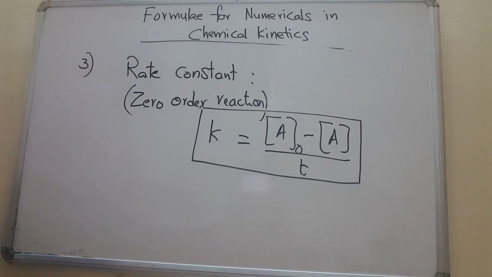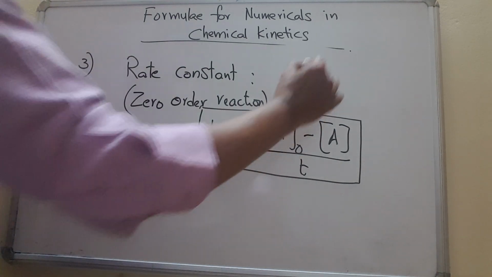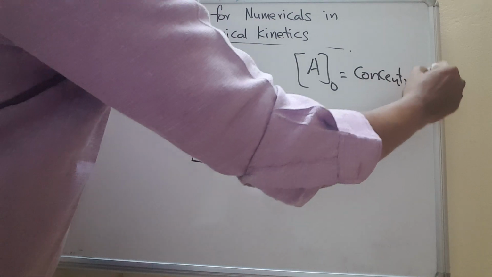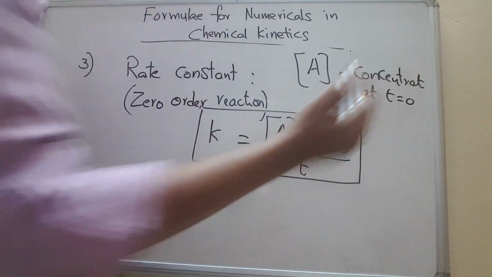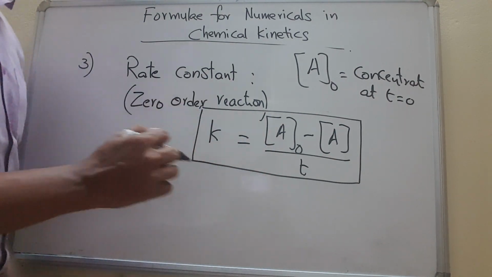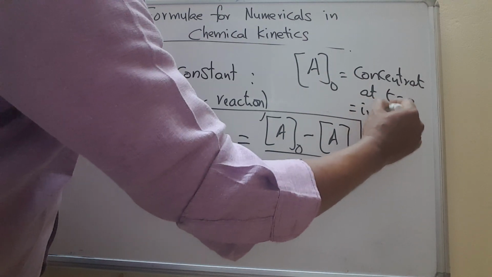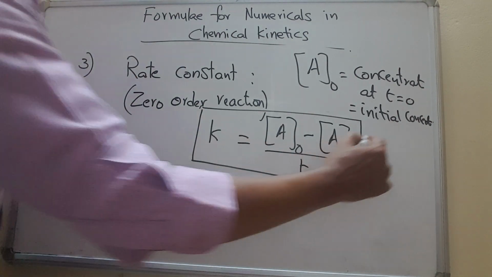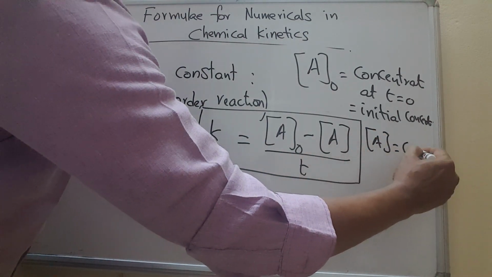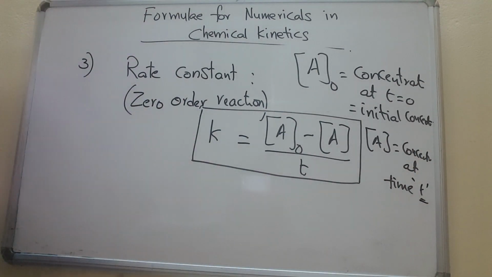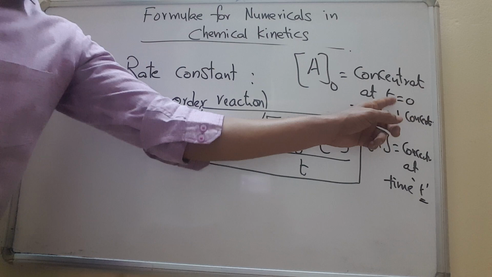So what do the terms represent? A naught is the concentration at time t is equal to 0.